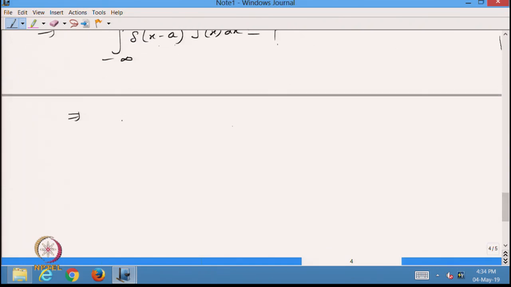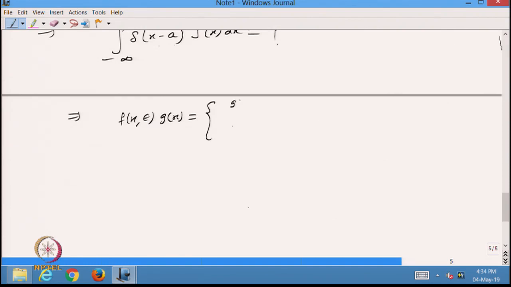Now, I want to define the function f(x, epsilon) into g(x). So, this will be g(x) times 1 over 2 epsilon when x is from minus epsilon to epsilon, and this will be 0 otherwise.